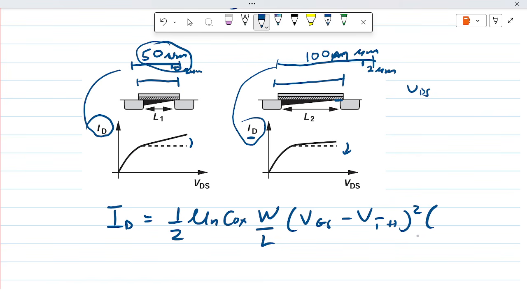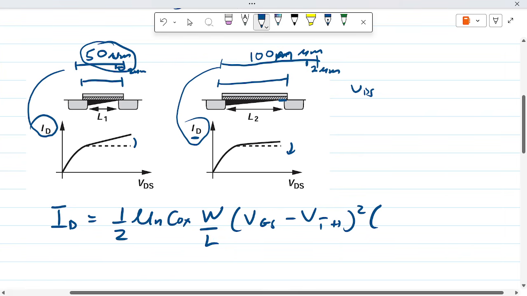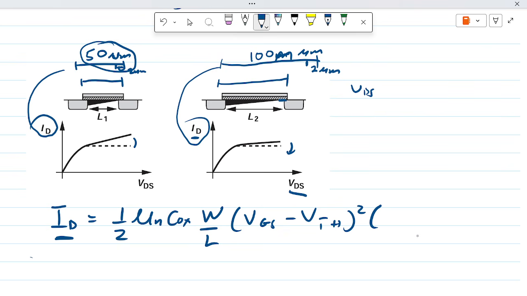Then we put another factor that would account for the slight changes that VDS has over ID. Remember, in the early effect, we put 1 plus VCE over the early voltage. This term had no unit because voltage would cancel out.